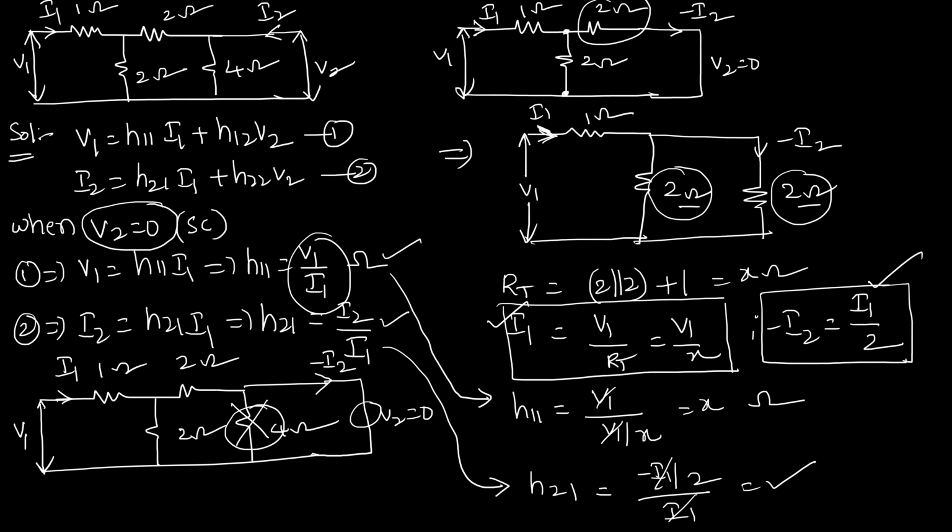Now we go for the second condition. So what is the second condition? The second condition is when I1 becomes 0. Let us see that case. When I1 equal to 0, we can observe open circuit. From the first equation, V1 equal to H12 into V2.